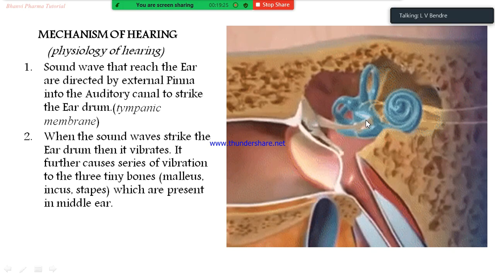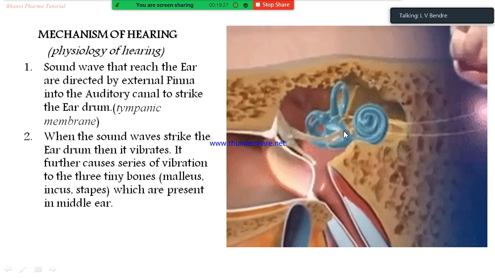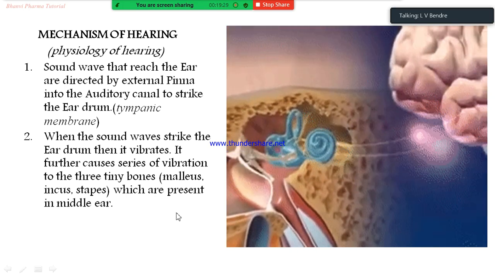These are the three bones: malleus, incus and stapes.